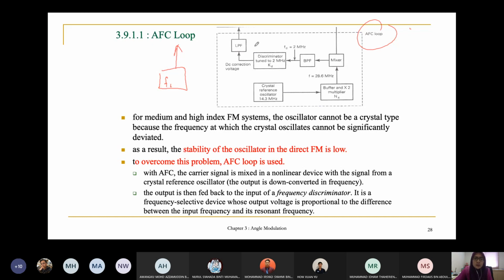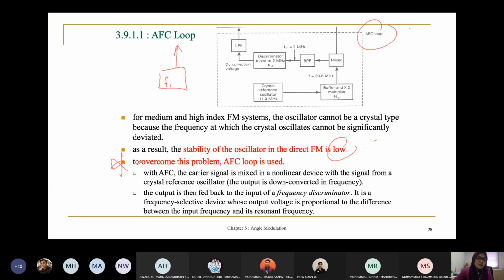You should know that in this direct FM transmitter, the stability of the oscillator is low. So in order to overcome the instability, this AFC loop is used. Okay, so this is important.